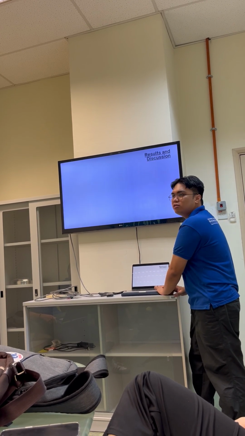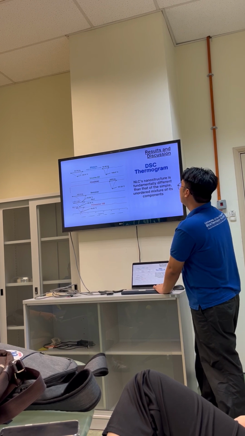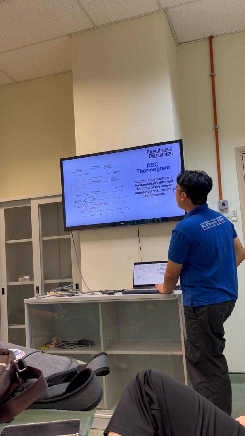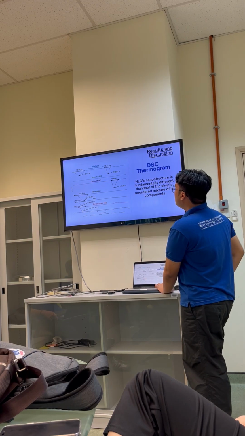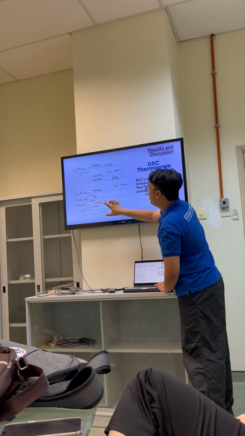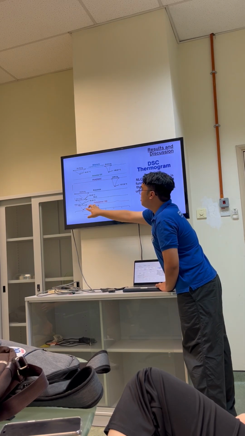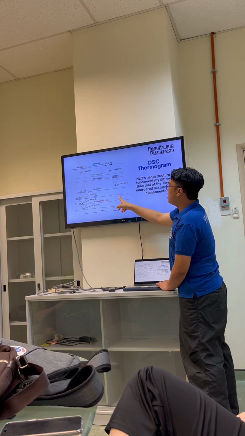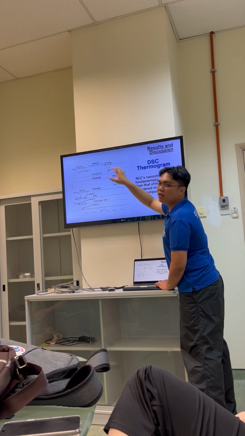DSC may be better to resolve this, as you can see here. So this is one of 2 thermograms that we have. We can see here that, of course, these are the components of NLC, right? The final NLC product has a thermogram of this behavior. And this one is just the simple mixing of them.